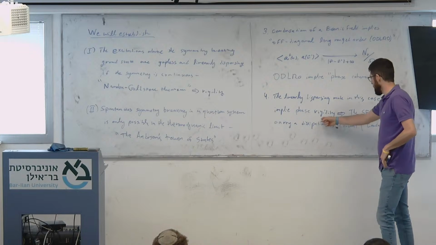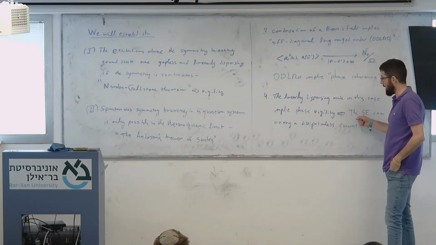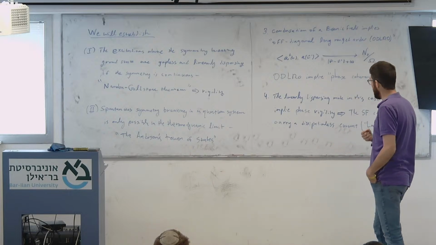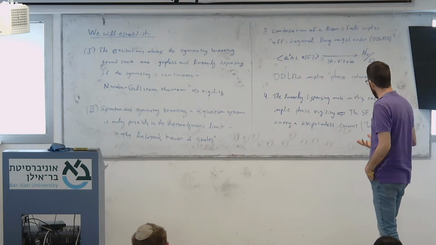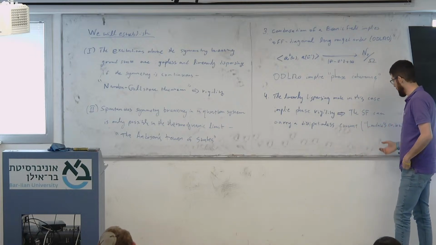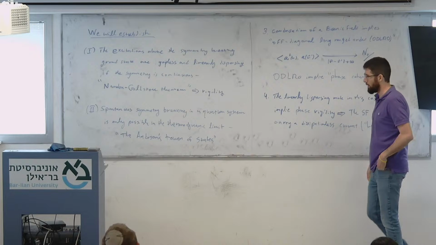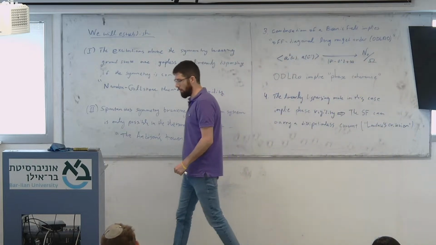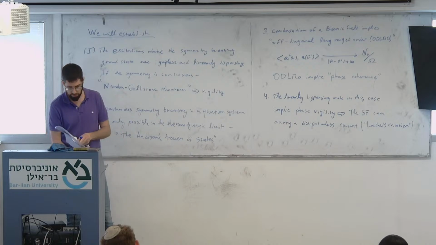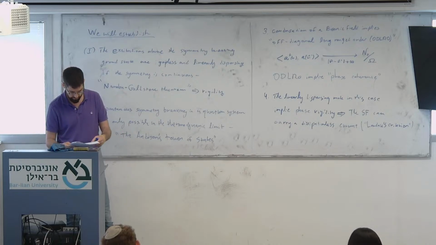And the phase rigidity is actually exactly the property that endows the superfluid with its beautiful properties such that it can flow without dissipation. And this we're going to establish through what we call Landau's criteria. So let's start to do these one by one.